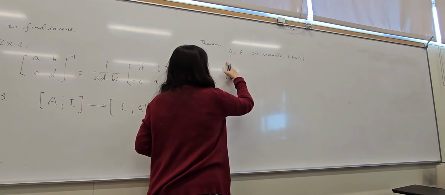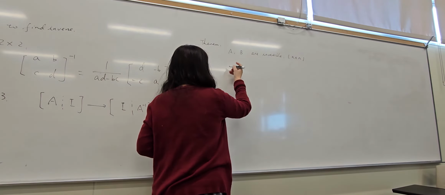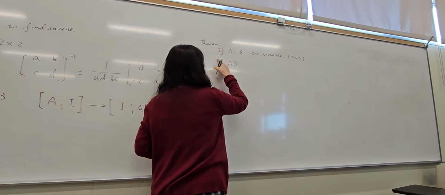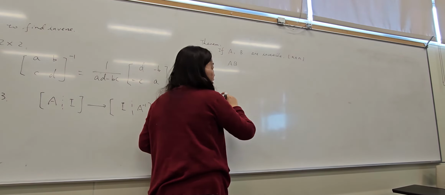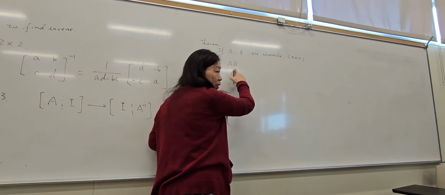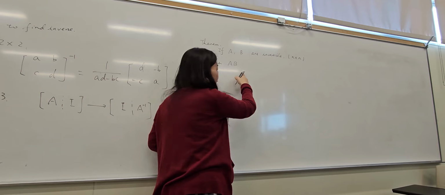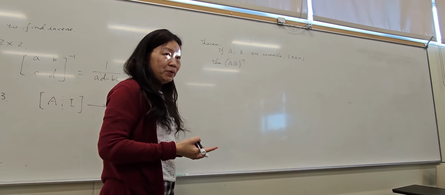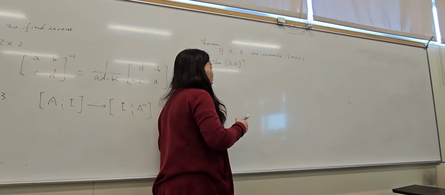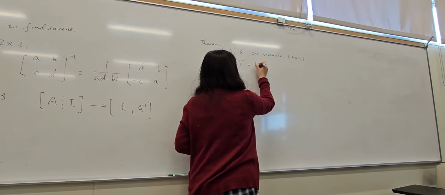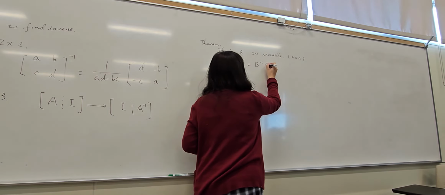If A and B are invertible, then when you multiply these matrices together, their product is also invertible. And not just that, the inverse of the product equals B inverse, A inverse.